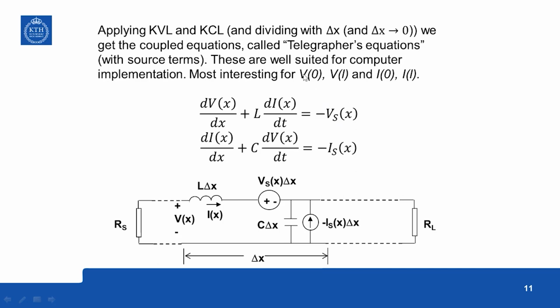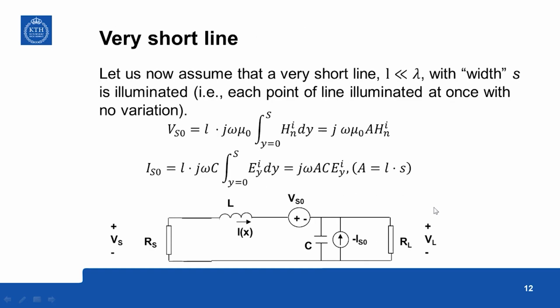However, we are mostly interested in what happens at the two ends rather than what happens in between. So we take a very specific case of a short line. That is what mostly we will be dealing with. A short line is one in which the length of the line is a fraction of a wavelength.